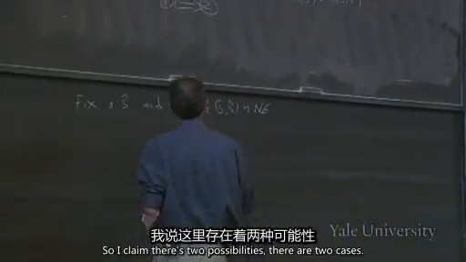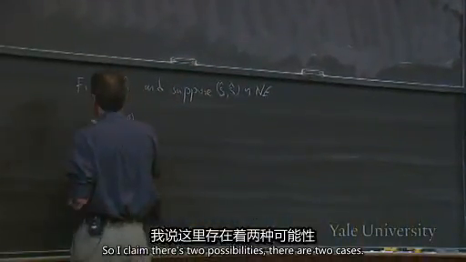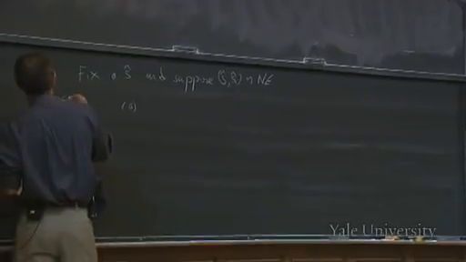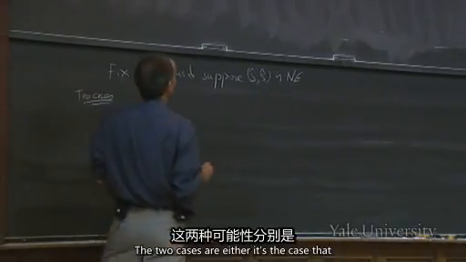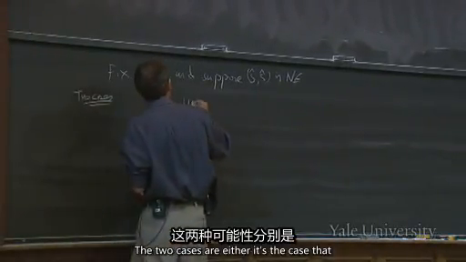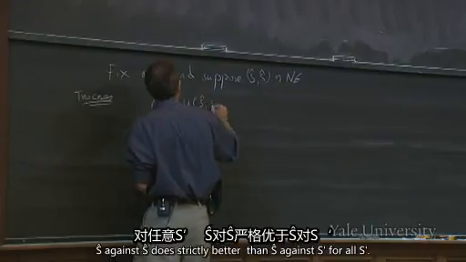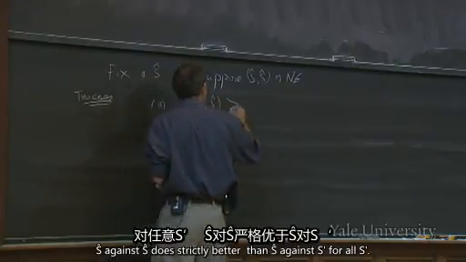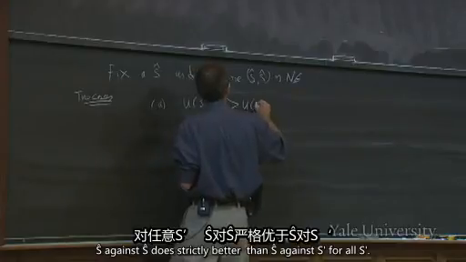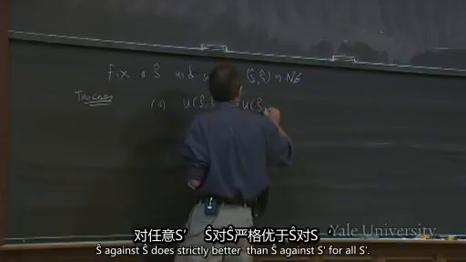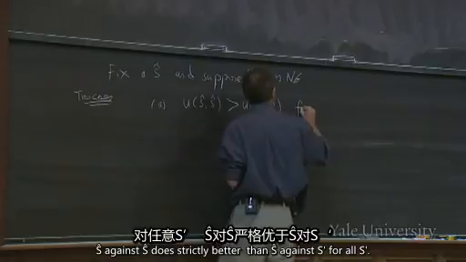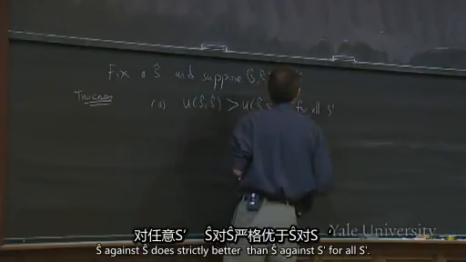So I claim there are two cases. The two cases are, either it's the case that S hat against S hat does strictly better than S hat against S prime for all S prime.